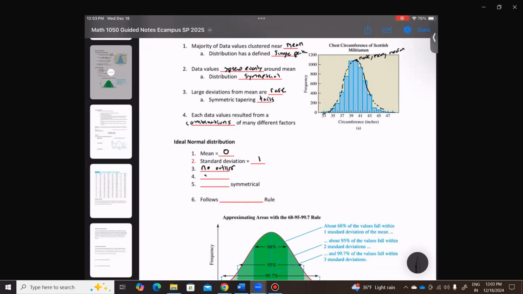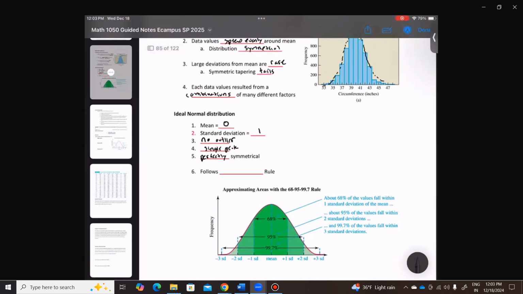A single peak, and it'll be perfectly symmetrical. We really do not expect ideal normal distributions in real life. It's more of just how we're going to learn about this.